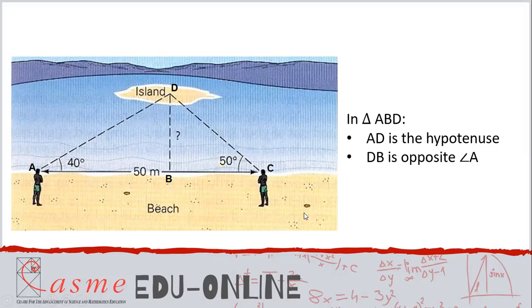The side DB, this side DB is not one of the arms of the angle A. So we say DB is opposite the angle A. So when we speak about the opposite side, the side that is opposite to an angle will not be part of the arms of that angle.